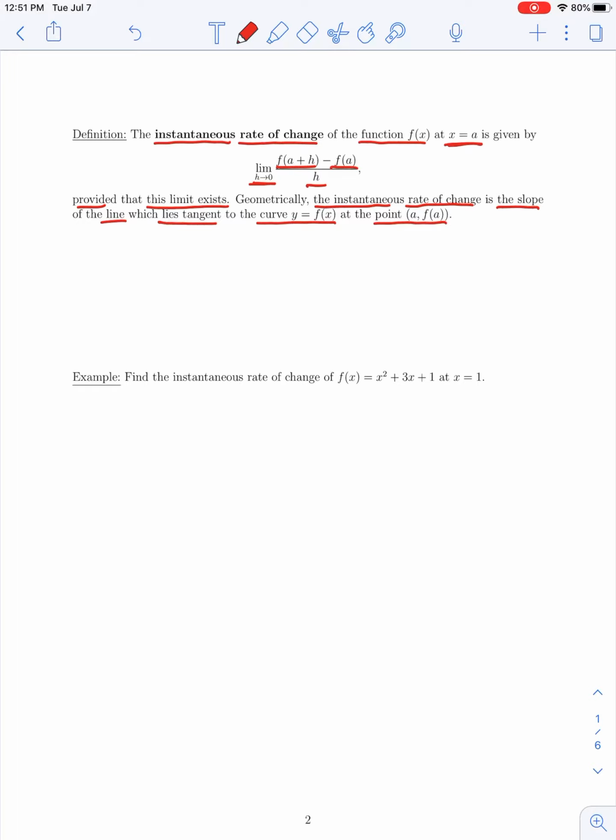So let's think about this visually. We have some function y equals f of x. So let's consider its graph.